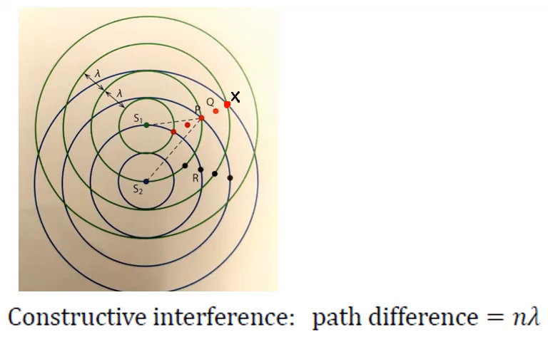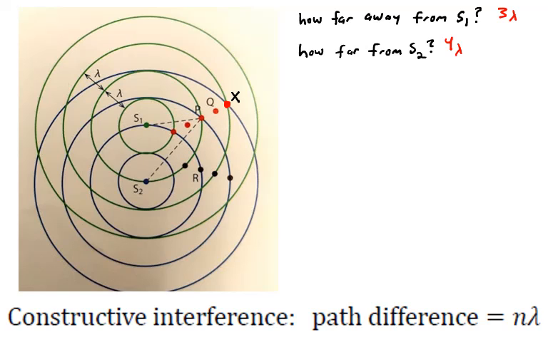How about point X? Let's say we had a point way out here, right? Well, if we look at it, how far away is it from S1? Well, we can go here. There's one wavelength, two wavelengths, three wavelengths away. And then how about for S2? You go 1, 2, 3, 4. It's 4 wavelengths, right?